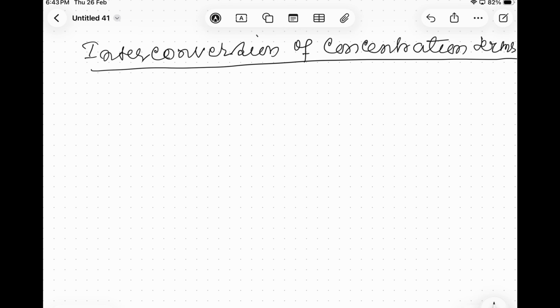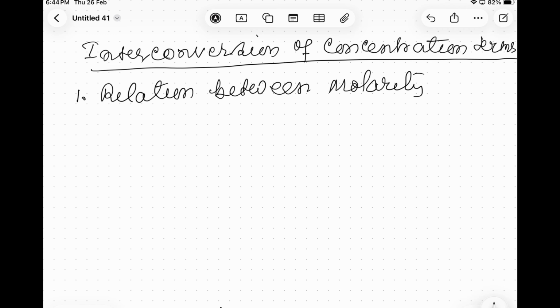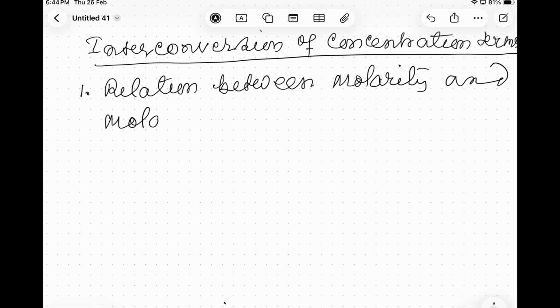That means relation between molarity and molality of a solution.